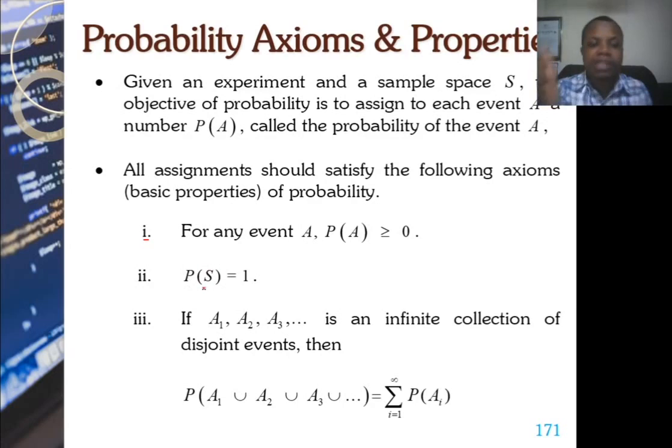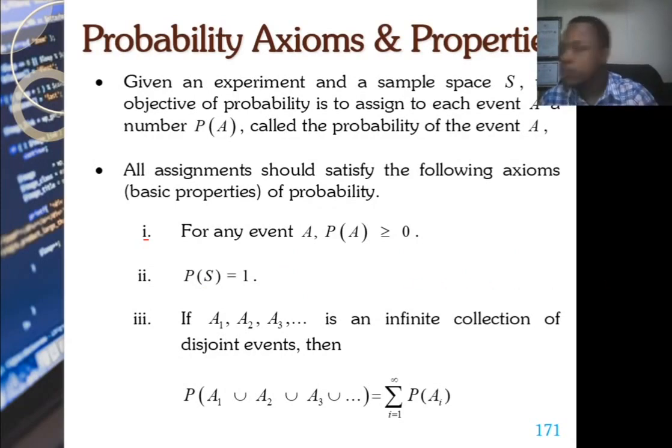Now let's look at axiom 2, that is the probability of the sample space. And remember, the sample space consists of all the elements from an experiment, or the possible outcomes of an experiment. So axiom 2 is just trying to say that the probability of the entire sample space should be equal to 1. That is to say that all the outcomes that we have in the sample space, if we should find their probabilities, all of them should give us 1.